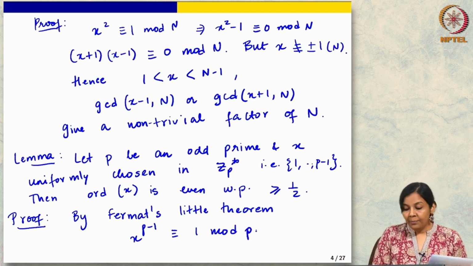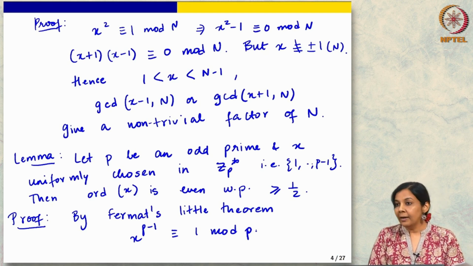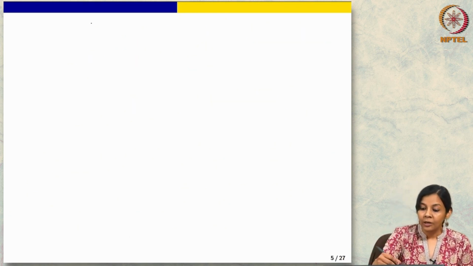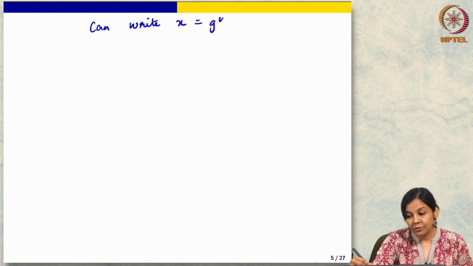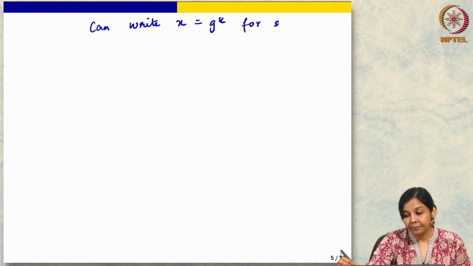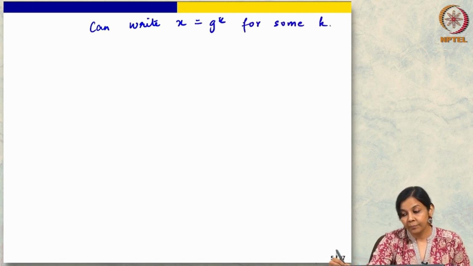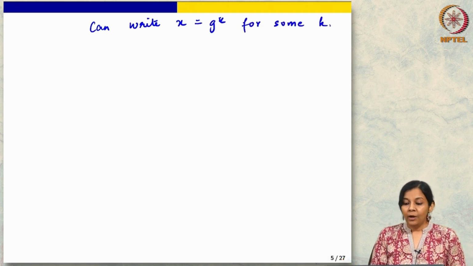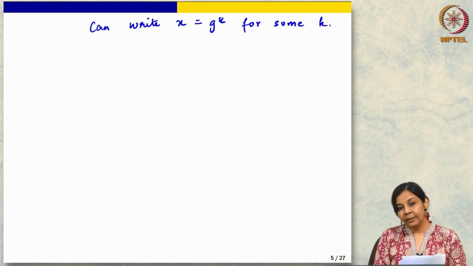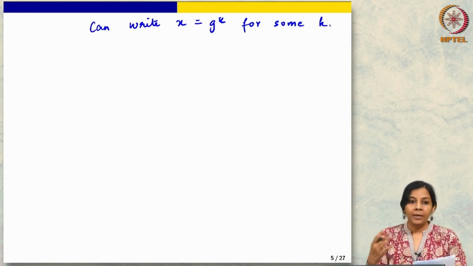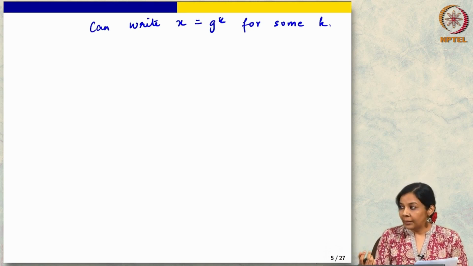And moreover, in Zp star, as we know, this is a cyclic group with a generator g. So, we can write x as g to the k for some k. And now moreover, because we chose x uniformly, k will be even and odd with equal probability.